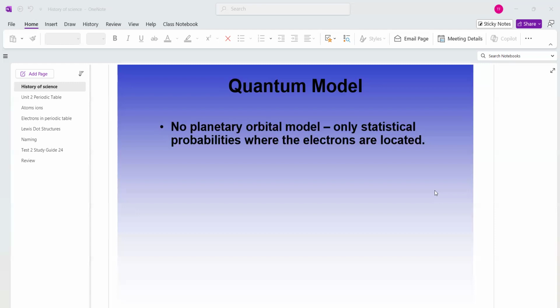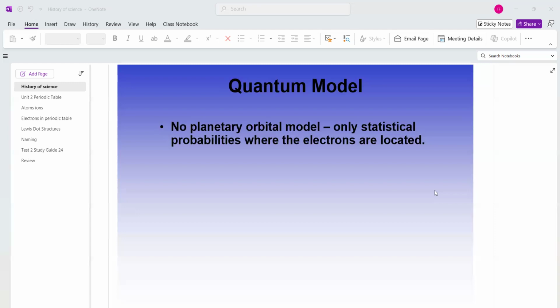I don't know if those are customer butts or employee butts, but I know where to find them. And that's the essence, with a bunch of math, of the quantum mechanical model: we're going to statistically treat where the electrons are going to be at any given time. So it's like a cloud.